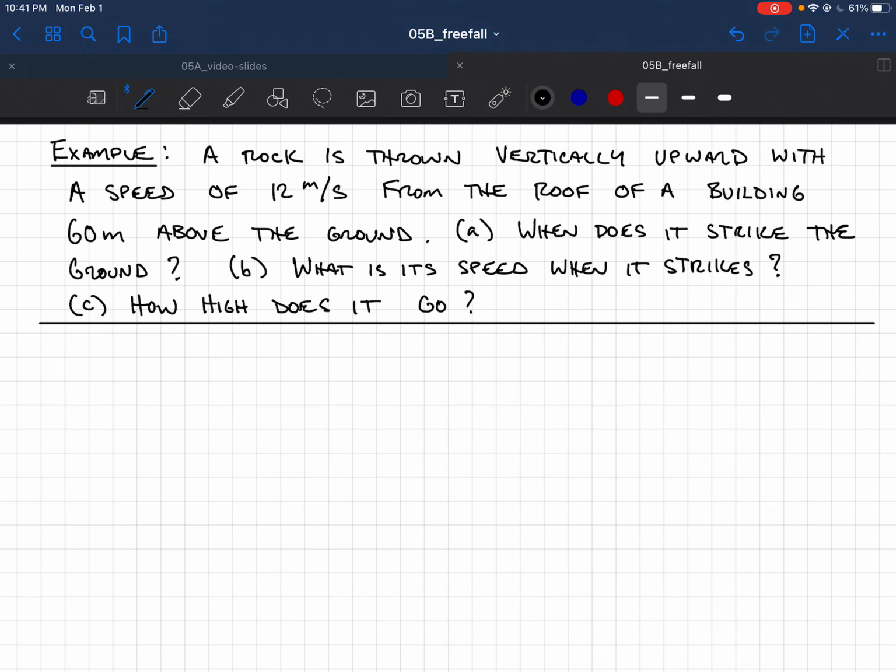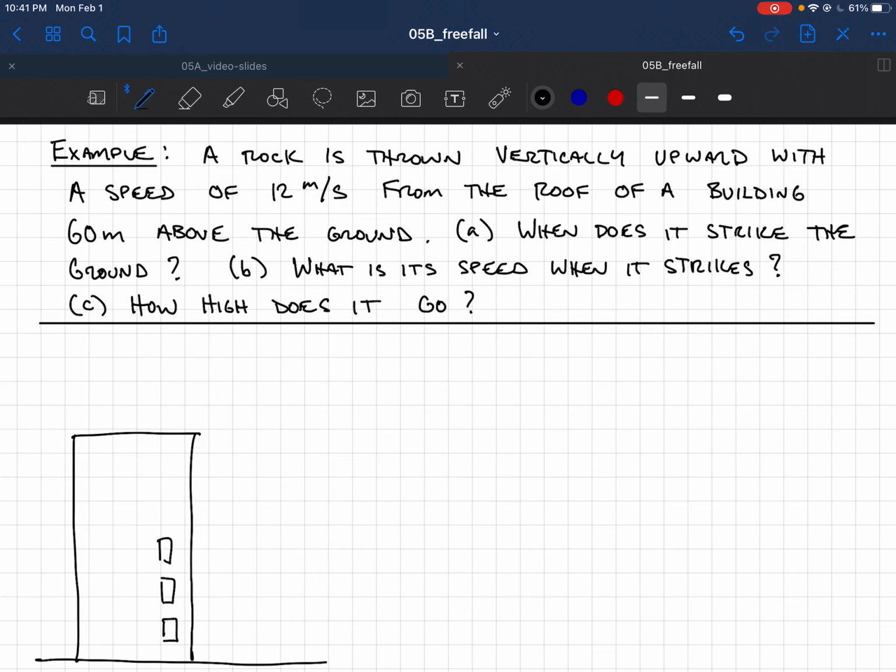So let's do it. So we have a building. So here's our building, and the ground is down below. I guess a 60 meter building probably has more than 6 floors, right? More like 20 floors, but oh well, there it is.